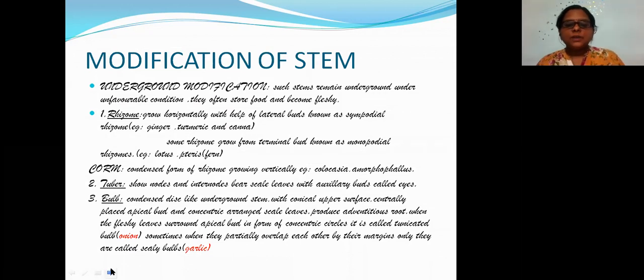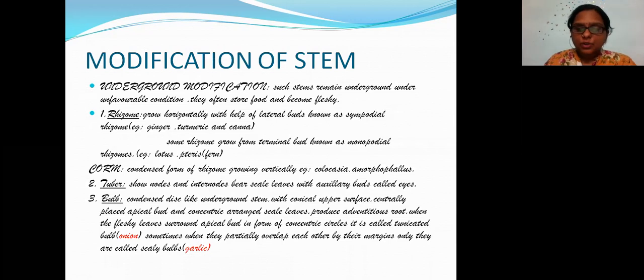Okay, so we are going to start with the modification of stem, students. I don't have the electronic pen today, so I can't mark it out, so I'll just try to focus it using the mouse. Generally, the main function of the stem is to support all other parts of the plant.